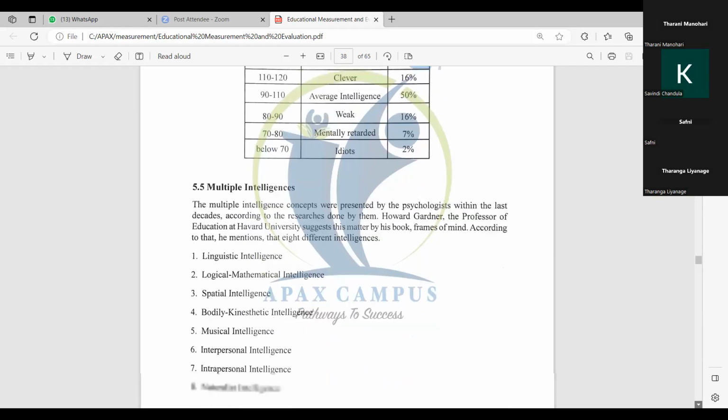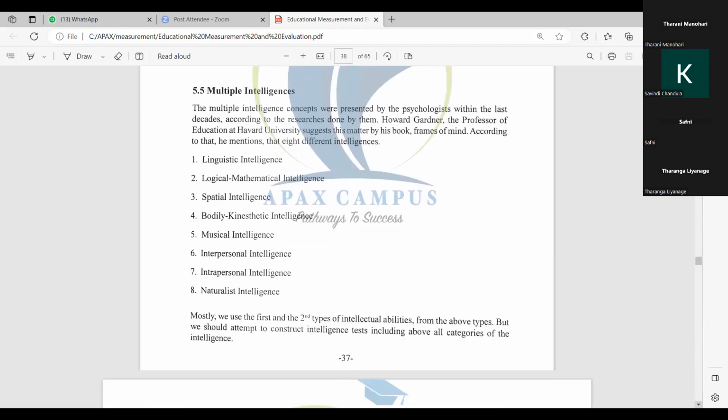And then we have a nice theory about intelligence. There is the multiple intelligence theory. Right. This was presented by a psychologist called Howard Gardner. What Howard Gardner said is that intelligence is not one thing.